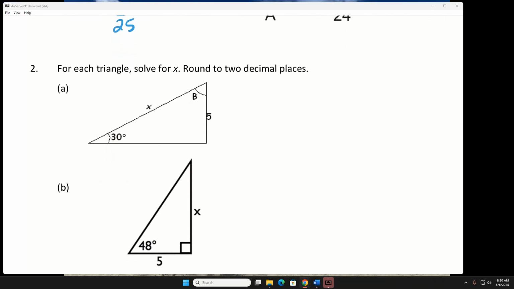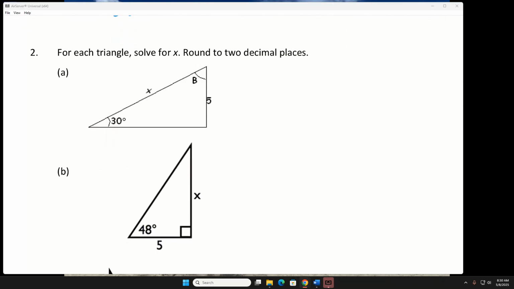Okay, and then let's look at number 2. We have this right triangle, and we want to solve for x. This is the angle we know, so that has to be the one we use. We can't use any other angle. I'm not sure why there's a B there, it doesn't matter. All we care about here is 30 degrees.